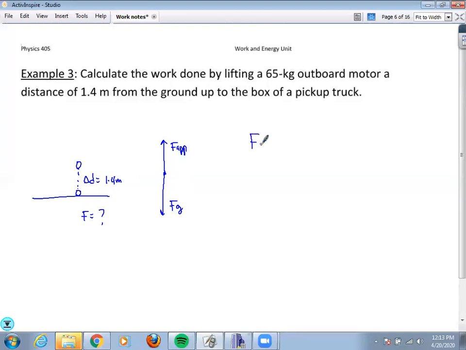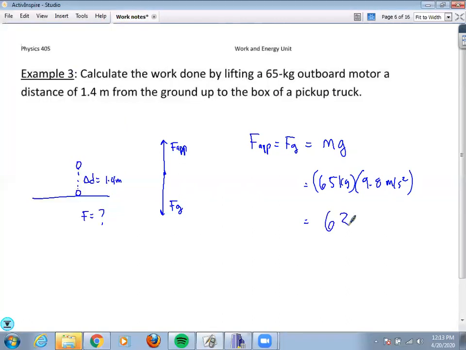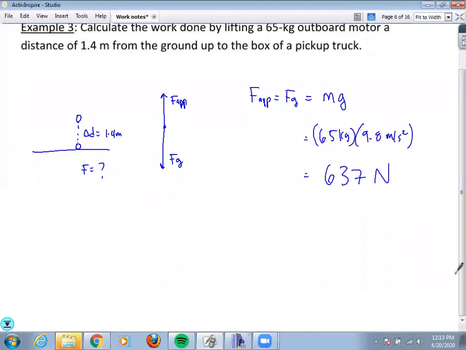So the force applied in this case equals Fg, which equals mg, and we know m, and we assume it's on Earth, so we know g. So that would be 65 kilograms times 9.8 meters per second squared, the acceleration due to gravity. And we can figure out the weight of the outboard motor, 65 times 9.8. We get 637 newtons. Okay, so that is the applied force that would be needed to lift the outboard motor.